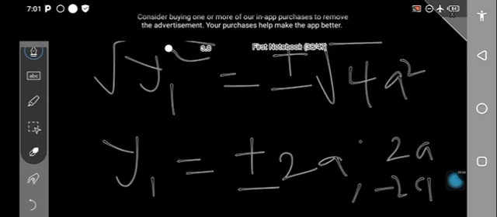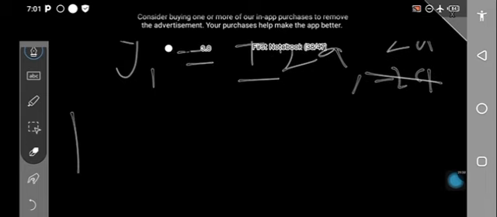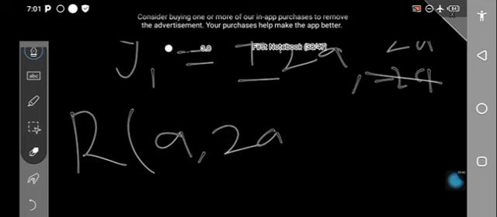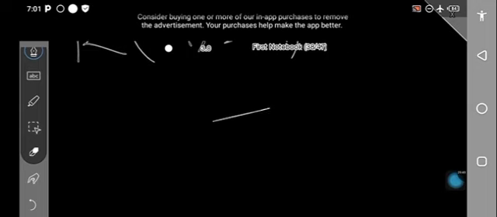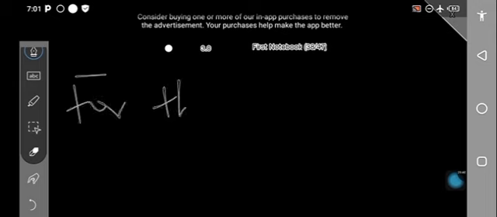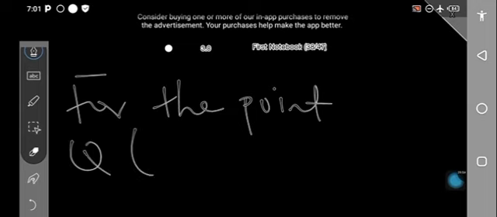So the coordinates of R become (a, 2a), and for the point Q, which is (minus a, y2).